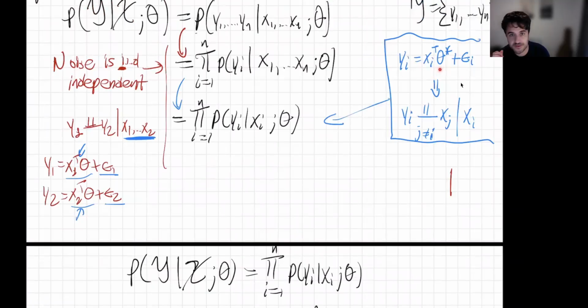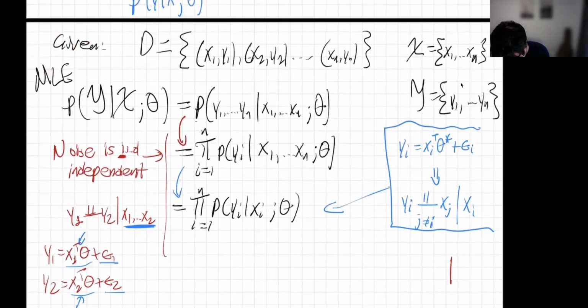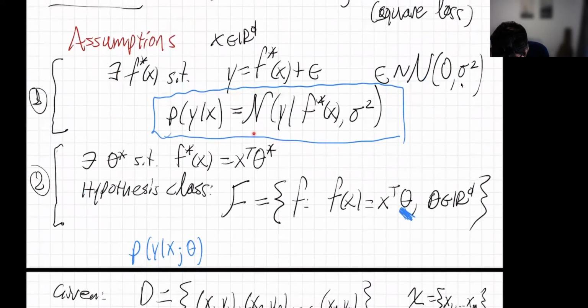We're just considering the general parametric family for arbitrary thetas, right? And this thing is Gaussian, as we have noted up here already, with the mean given by basically this f, and the variance given by the variance of the noise.